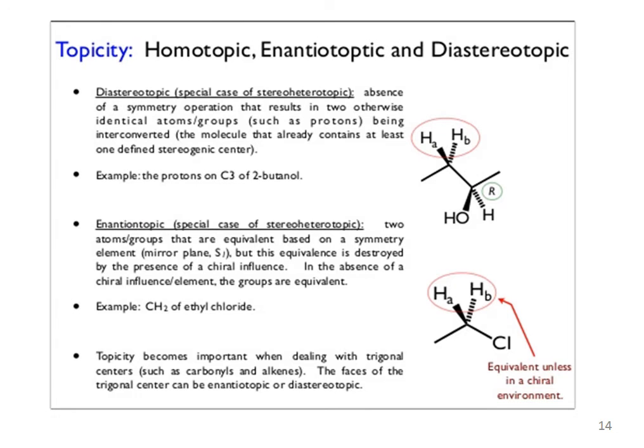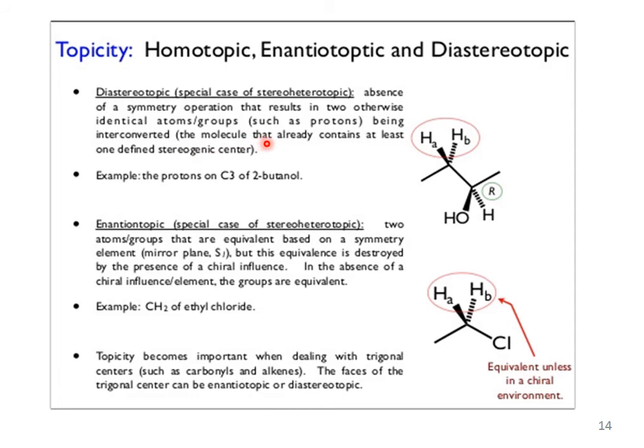Then, diastereotopic is a special case of stereoheterotopic: there is no symmetry operation that results in two otherwise identical atoms or groups, such as protons, being interconverted, in a molecule that already contains at least one defined stereogenic center. This is a very clear concept. For example, the protons on C3 of 2-butanol: this is a chiral center, thereby the two protons must be diastereotopic.